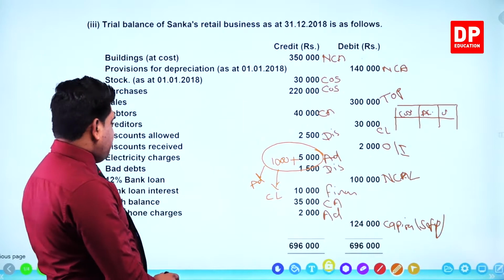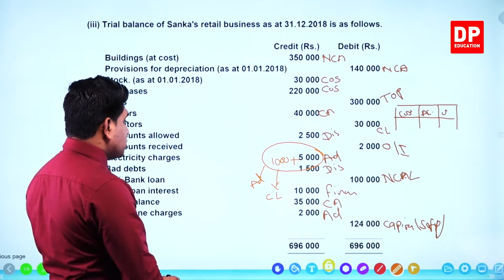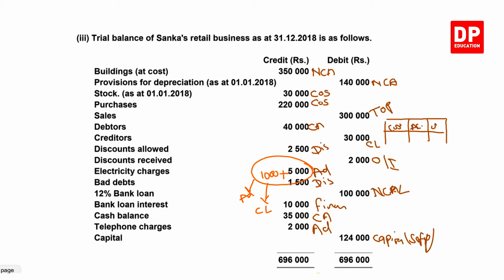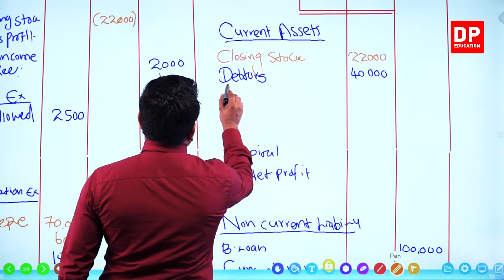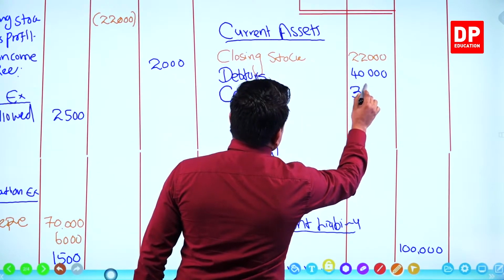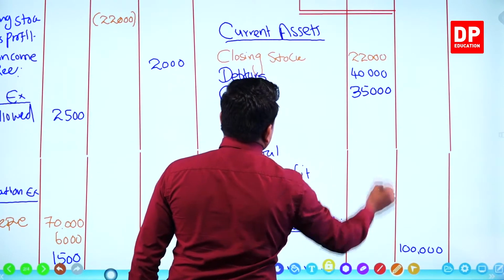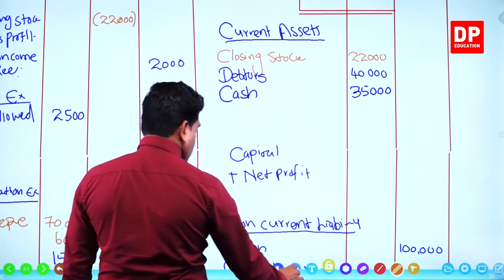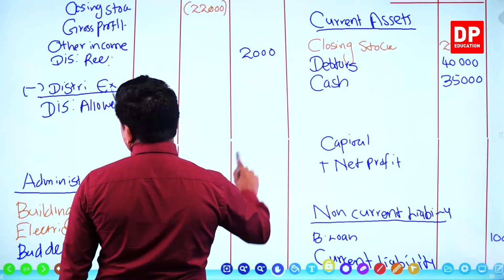Cash balance 35,000, telephone charges 2,000. Telephone charges come under administration, right?